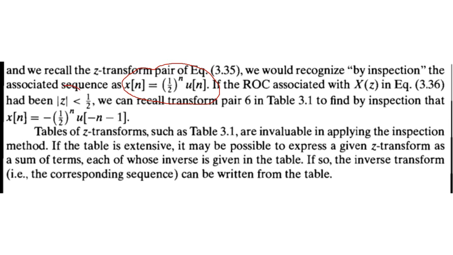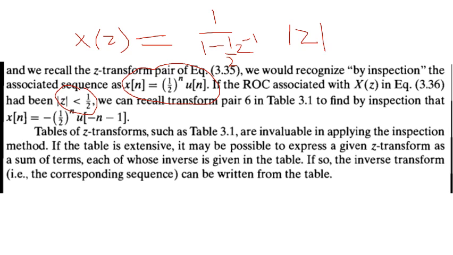But what if we have a different region of convergence associated with this x of z? If x of z is equal to 1 divided by 1 minus 1 by 2 z inverse, and the region of convergence is Z mod less than 1 by 2, then the inverse Z transform will be minus 1 by 2 raised power n u of minus n minus 1.